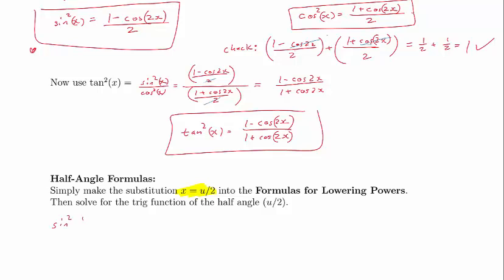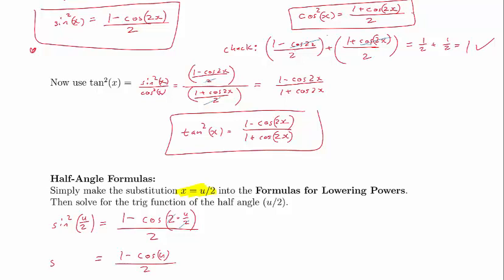So we have sine squared of u divided by 2 equals 1 minus cosine of 2 times u over 2. And note that those 2's will cancel with each other, which gets us 1 minus cosine of u all divided by 2.